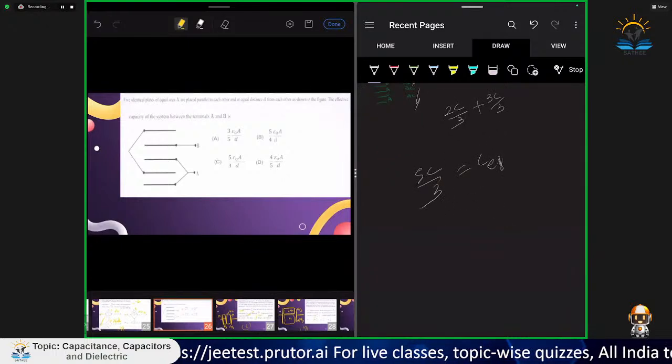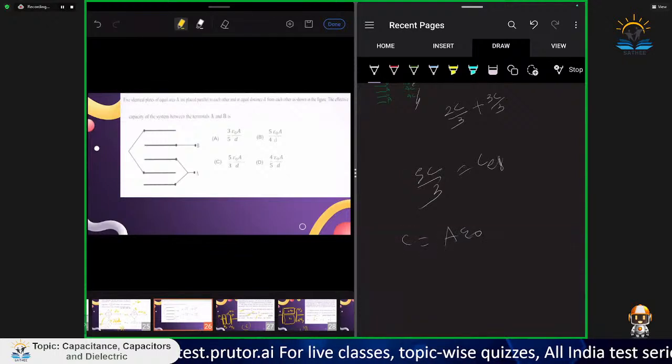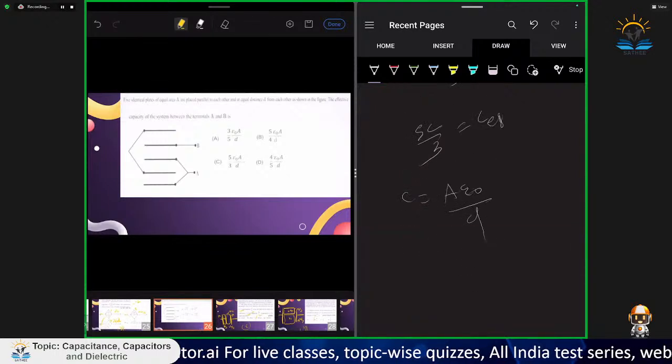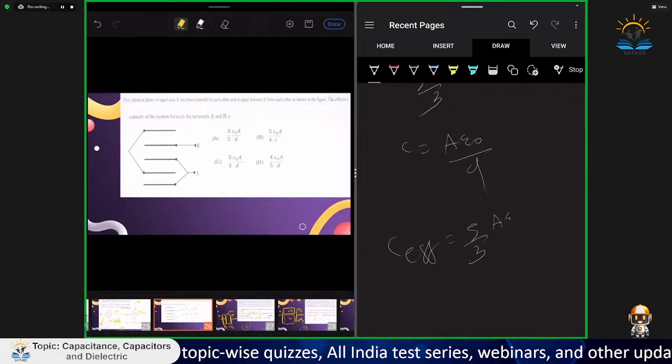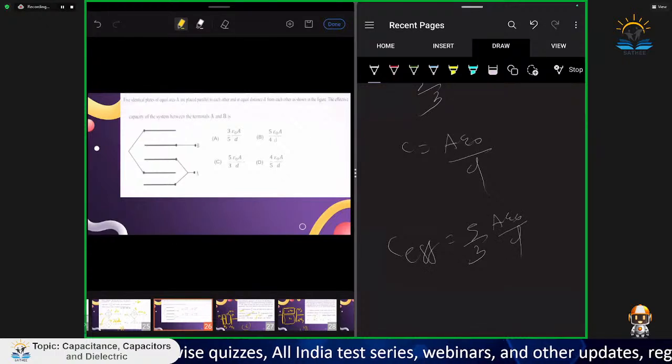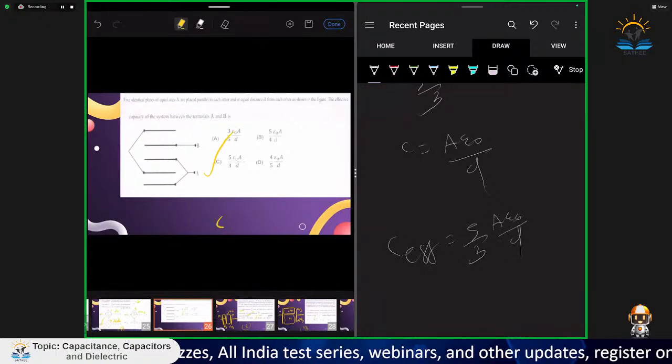And C we know is A epsilon by T. So C effective is 5 by 3 A epsilon by T. So option C is the right answer.